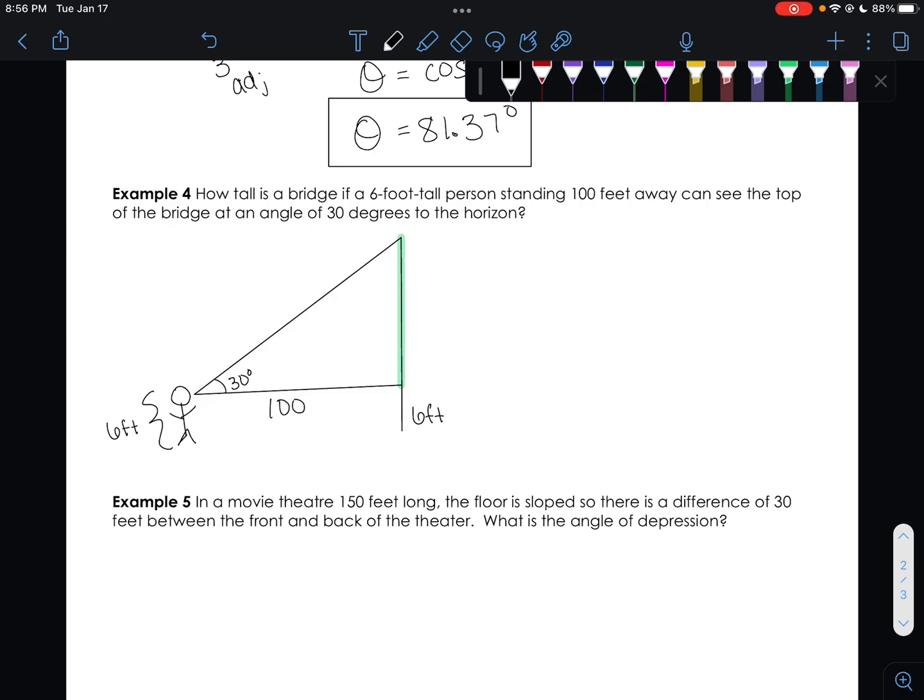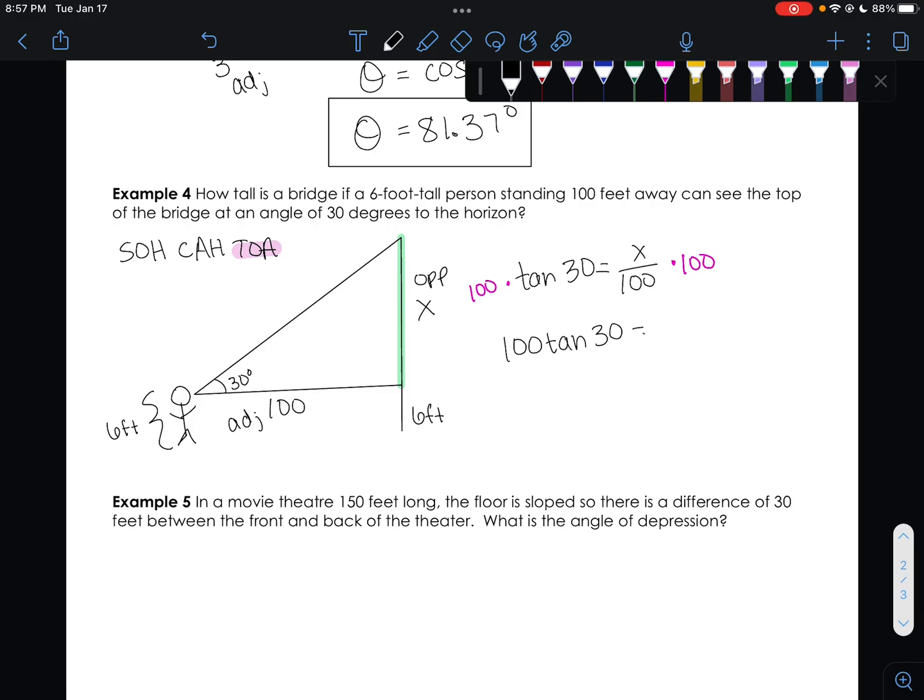So we want to find the opposite side. We know the adjacent side. So if we look at our SOHCAHTOA, we see that we're going to use tangent. So we have tangent of 30 equal to opposite over adjacent. This is where we multiply both sides by 100. So we get 100 tan 30 equals x.